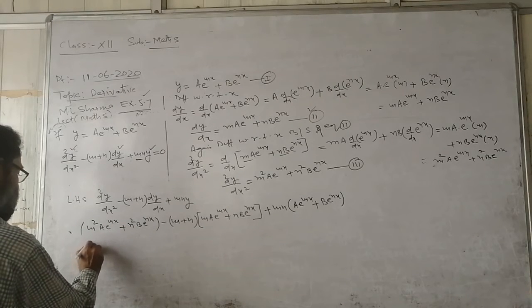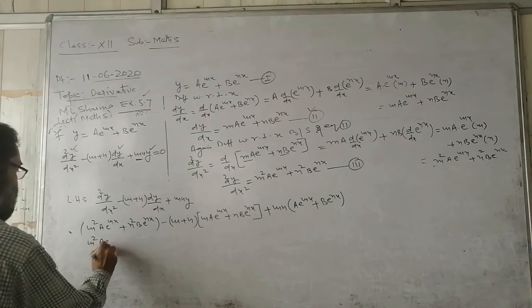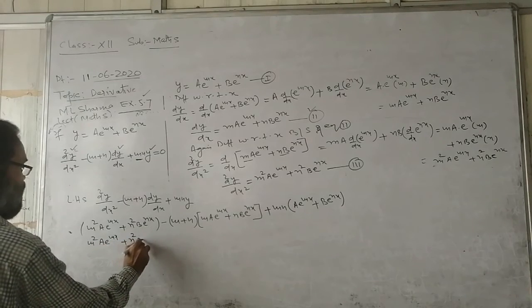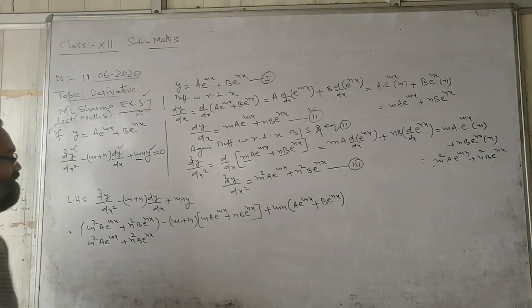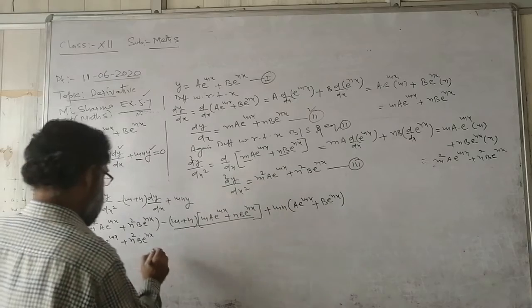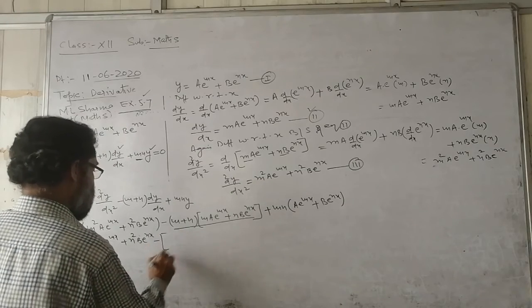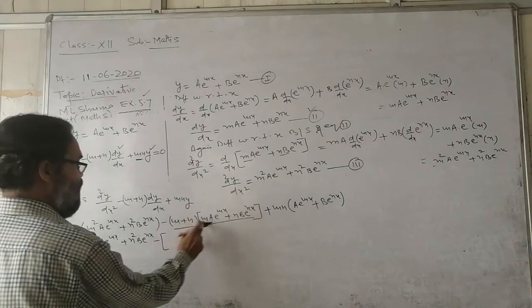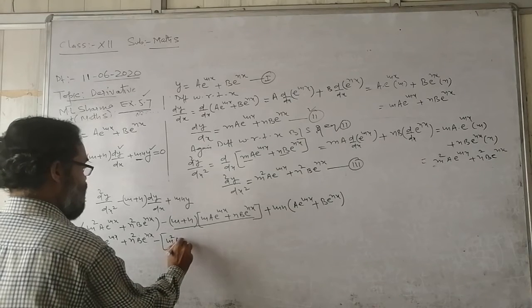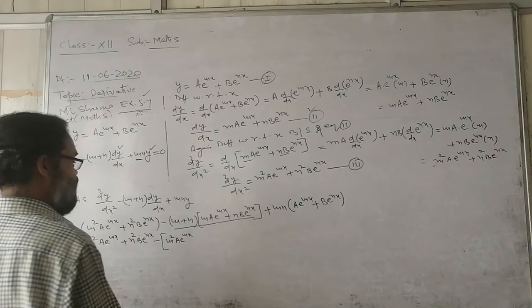So this will be m square a e^(mx) plus n square b e^(nx). Now I have to multiply these terms, so there will be 4 terms. M multiplied by this gives m square a e^(mx), the first term.